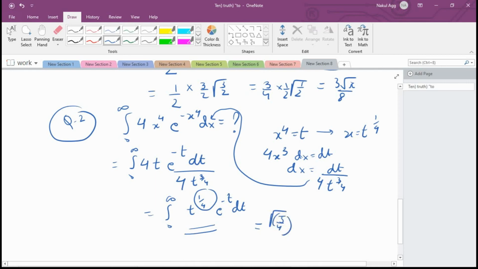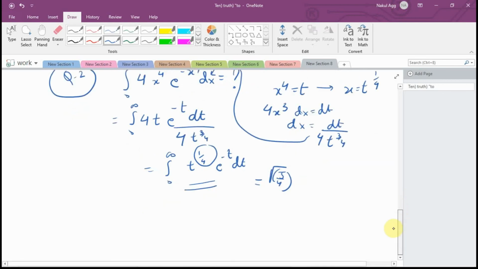So finally, we look at our last example for this session, which is gamma of 3.5. So gamma of 3.5 from the fundamental property itself can be written as 2.5 into gamma of 2.5.